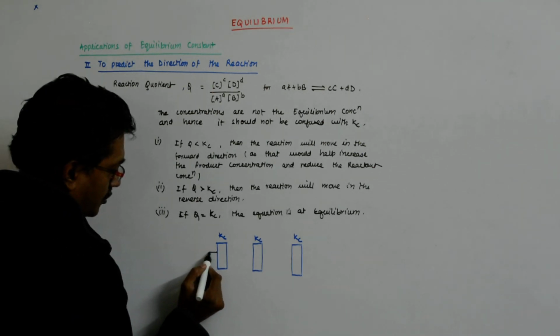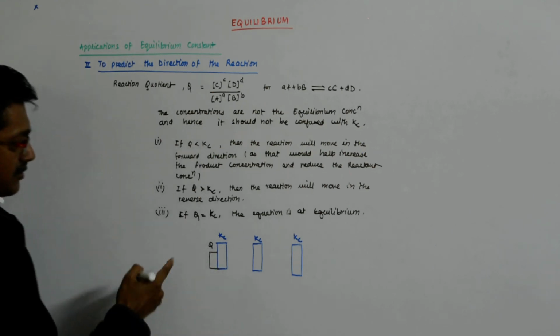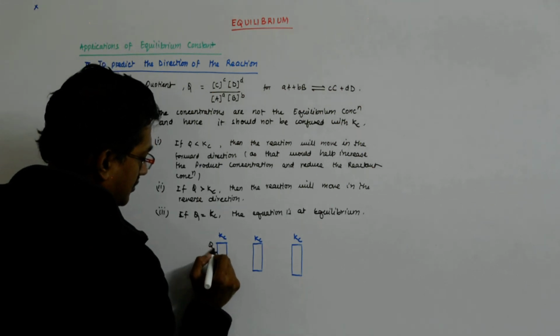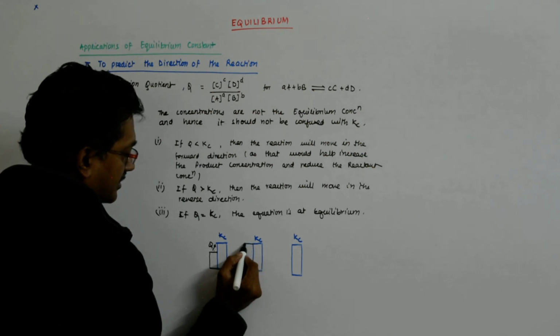So it will try to reach Kc, is it not? This will try to reach Kc and become something like this.